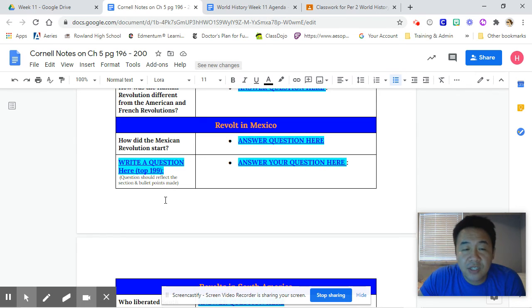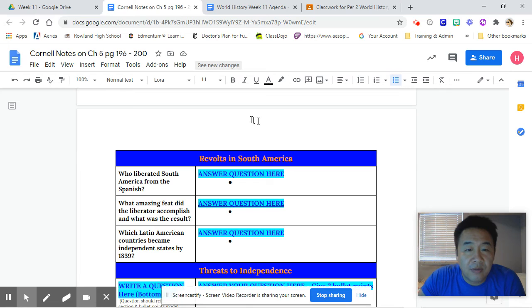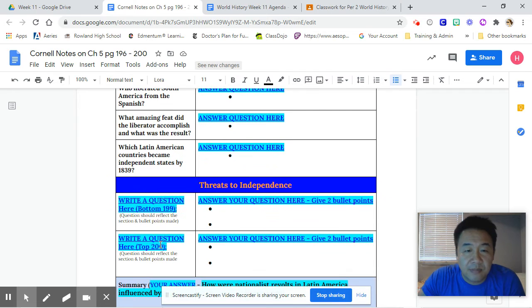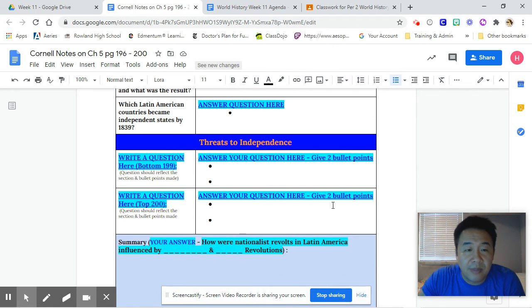Okay, and this is just a good way for you to think about what information to write down, not just jotting down or copying down facts, but thinking about how you organize it and then how you would write it. All right. So the revolt in South America would again be just questions you would answer. I already put some headings of questions that you want to answer. But the last section on threats to independence, there is no information, no question heading, nothing written.